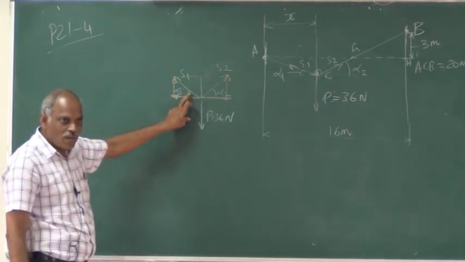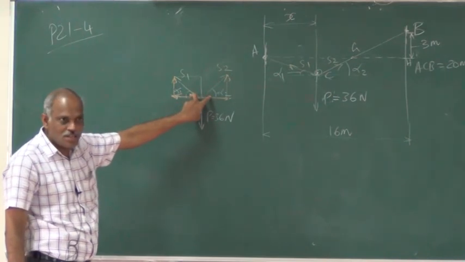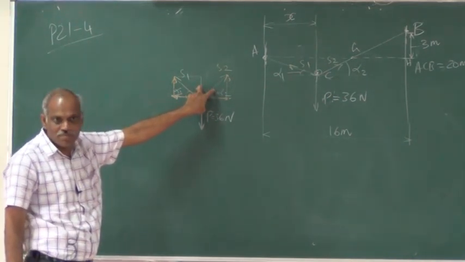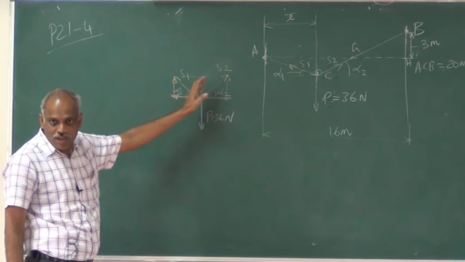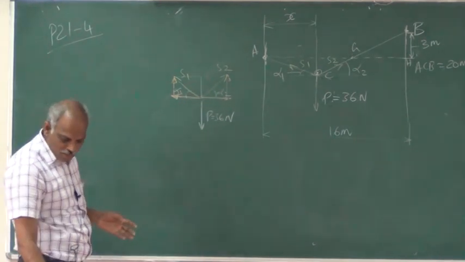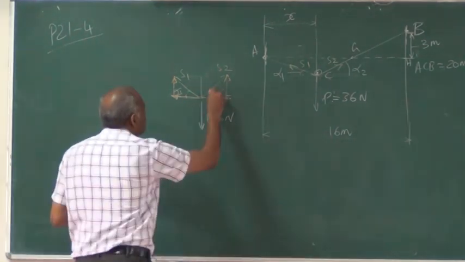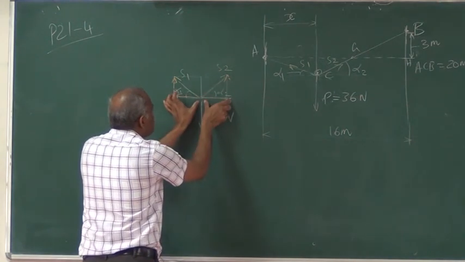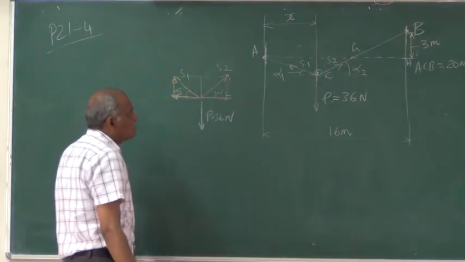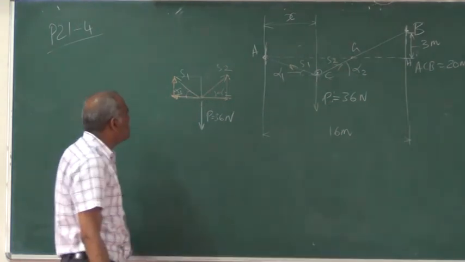That is possible if these alphas are the same and S1 and S2 are also the same. It can have a different alpha here, but then you will not have these two being the same, and that is not possible.